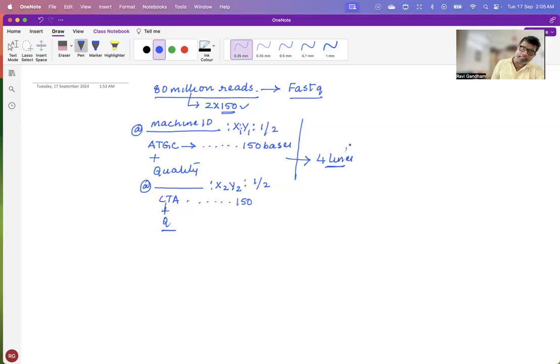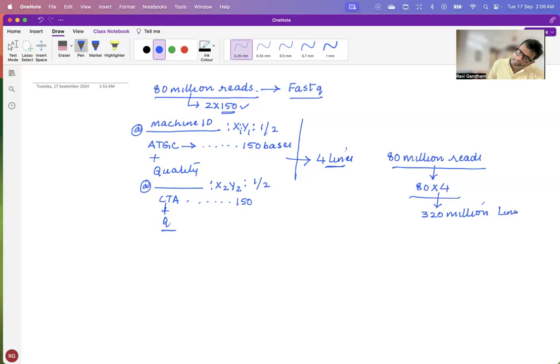It means that if you have generated 80 million reads, how many lines will the file contain? The file will contain 80 into 4, which makes a total of 320 million lines. So the moment the vendor supplies the data, the first thing we do is immediately cat the file in Linux or Mac.